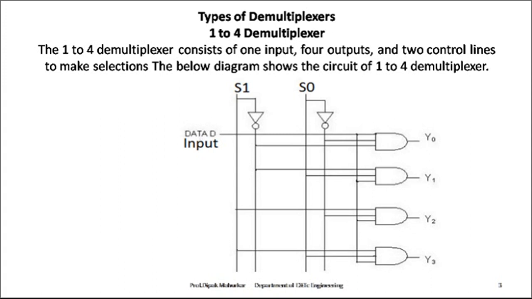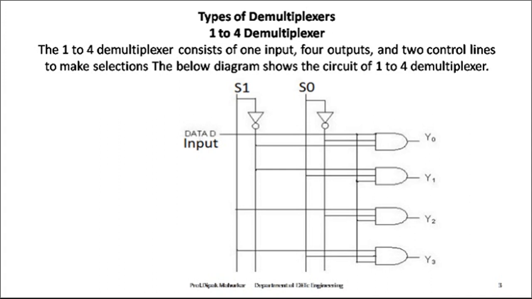In addition, an enable input is available in the block diagram. If the enable pin is active, then the demultiplexer starts working. If the demultiplexer is deactivated, meaning the enable pin is disabled, we cannot generate the output.